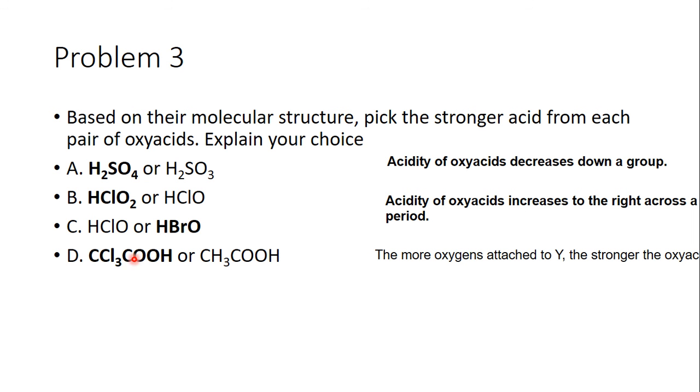And CCl3 versus our CH3. CCl3 is further to the right, and so it would be more acidic. So further to the right matters more than up or down on the periodic table.